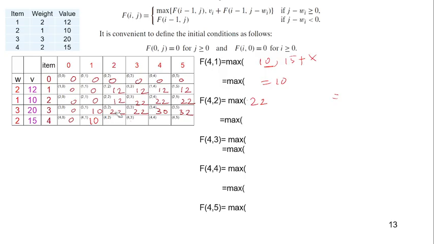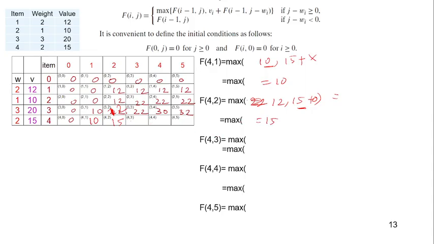Now the previous value is 12, comma, the weight is 15 plus 2 minus 2, 0. So the 0 value is 0 here. So the maximum value is 15. You should write 15 here.